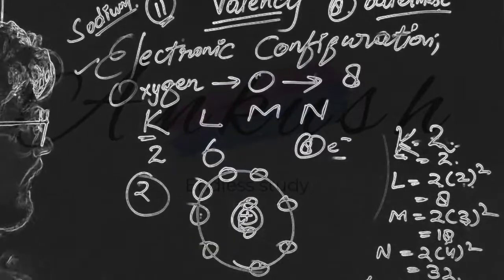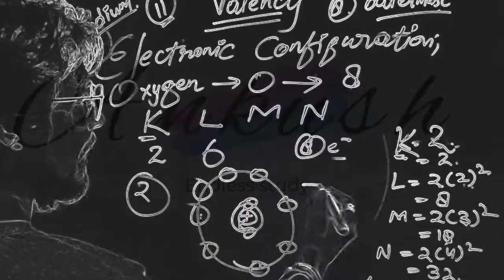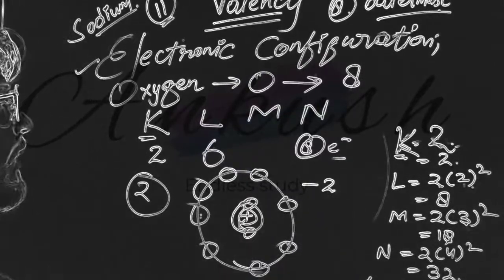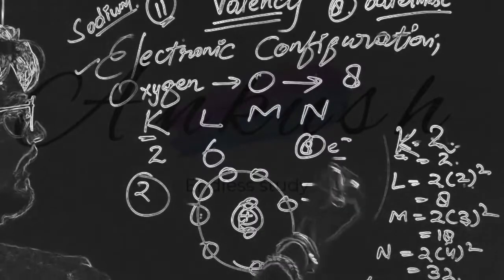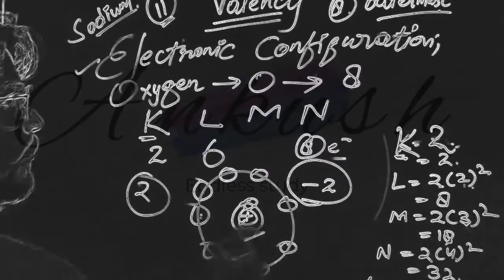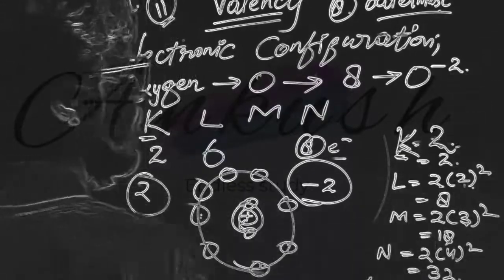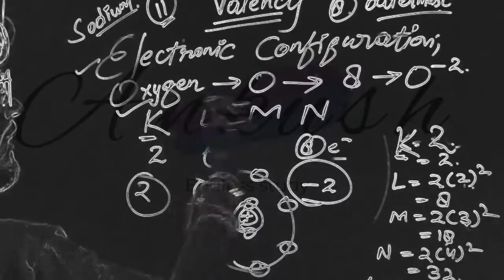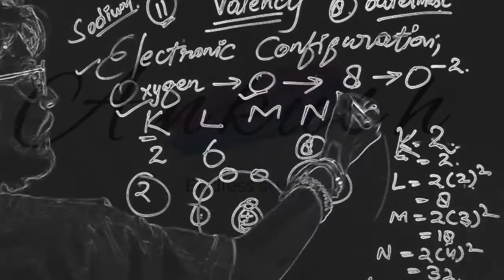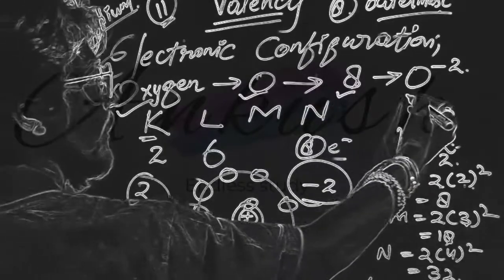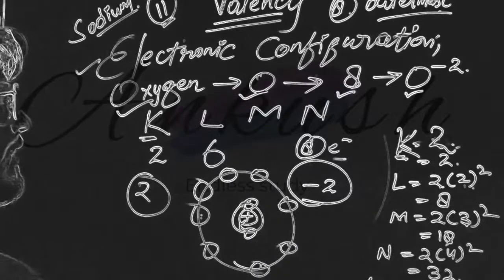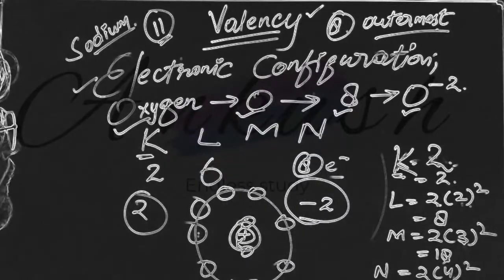When we take electrons, we get a minus charge. So here we are taking 2 electrons, so the valency will be minus 2. So oxygen has valency minus 2. Oxygen, O is the element symbol, 8 is the atomic number, and this is the valency. This is how you can find the valency.